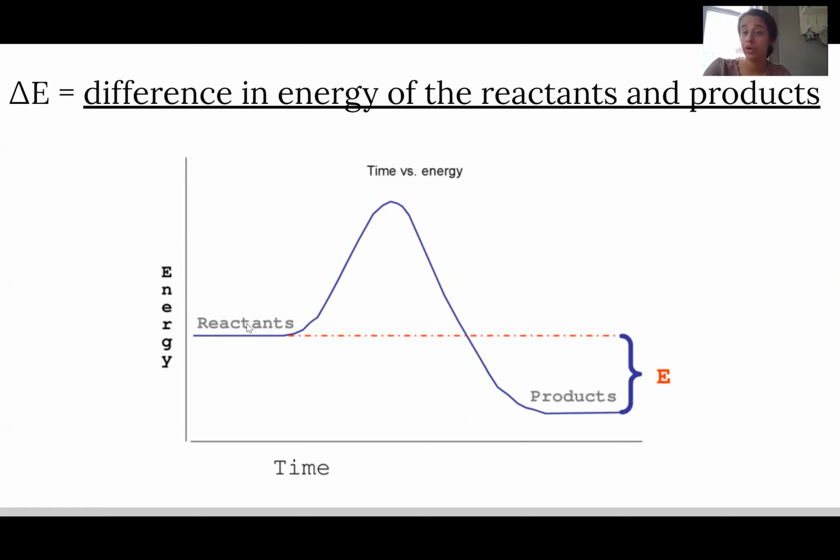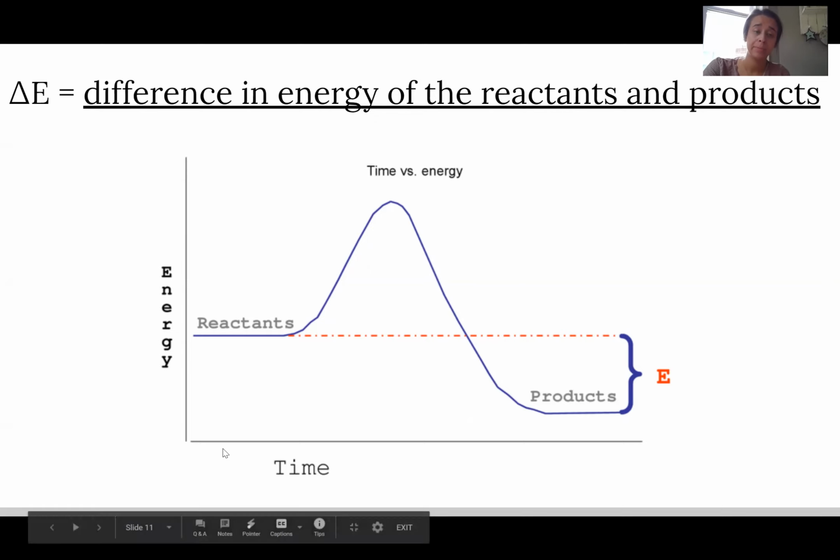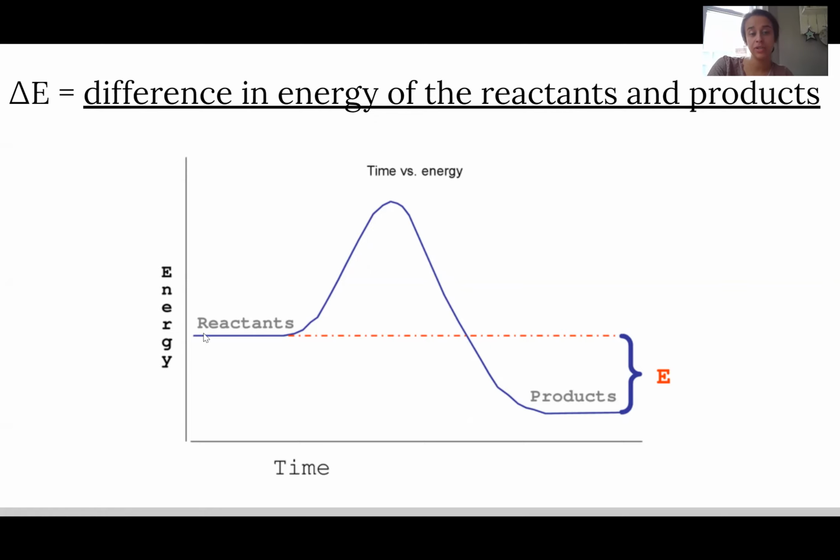Looking back at our handy progression of the reaction, or time and energy, diagram, the reactants lie at a certain amount of energy, our transition state lies at a certain amount of energy, and so do our products. So delta E is the change in the amount of energy in the products versus the amount of energy in the reactants. It can be measured using this little space. Basically you're just subtracting the reactants' energy from the products' energy.